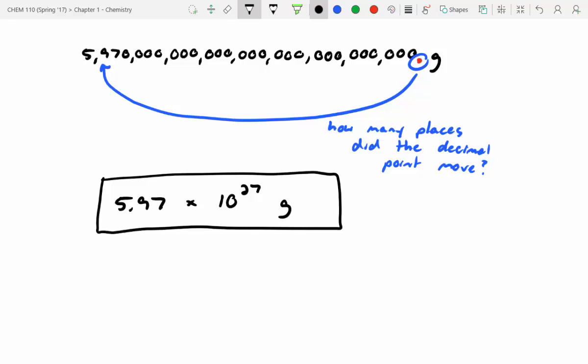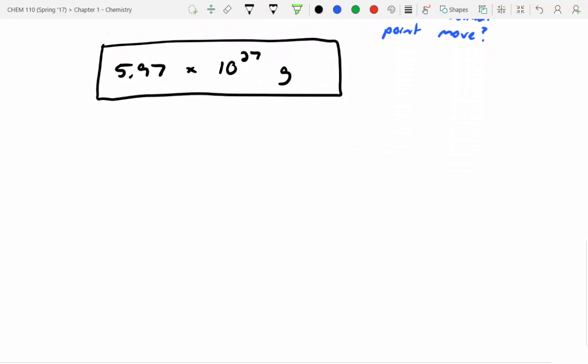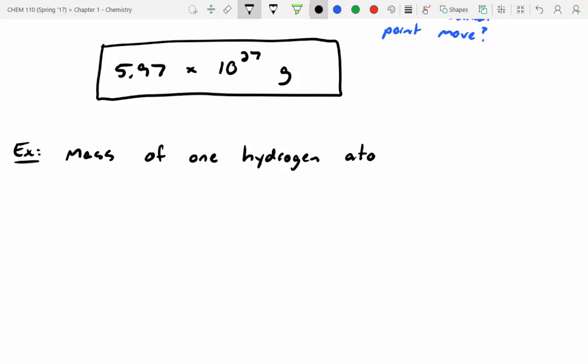All right, let's do the same thing with another weird example. And then I want you guys to help me write this in scientific notation. This is the mass of hydrogen, specifically one hydrogen atom. Okay, so this is 0.000000000000000.